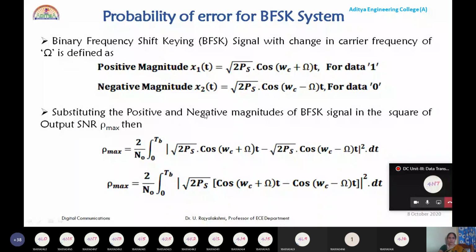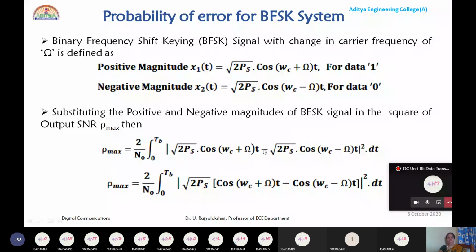So I substituted the positive and negative magnitudes of a BFSK signal in the square of output SNR. Then you will get 2 by N naught integral 0 to Tb root 2 Ps cos of omega c plus omega multiplied by t minus, why minus?